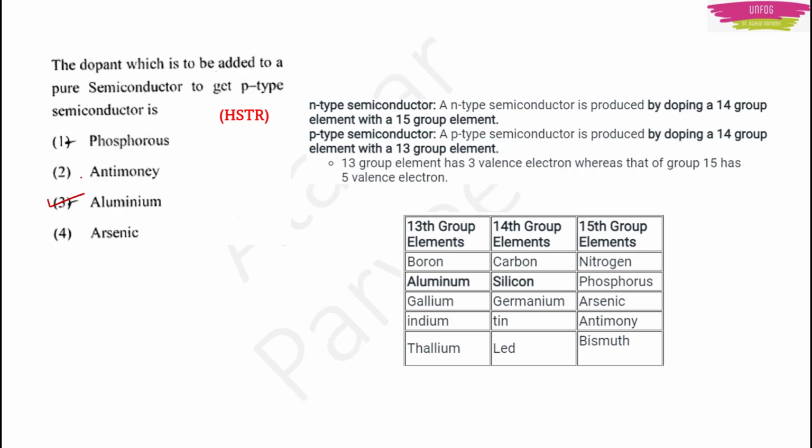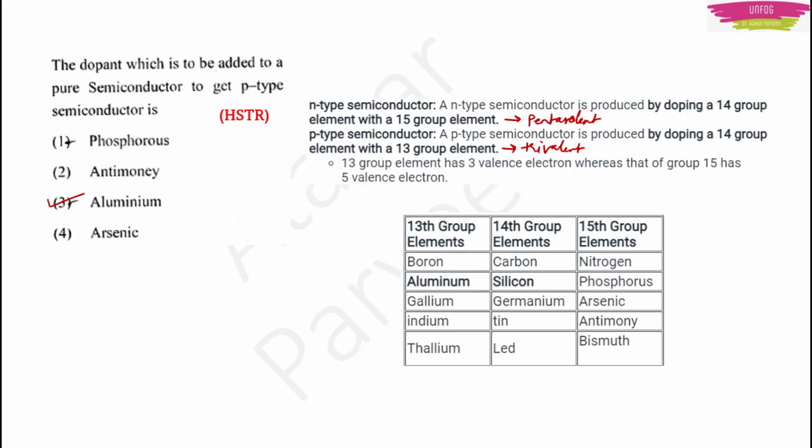In N-type semiconductor, you can make it by doping a 14th group element with a 15th group element. In P-type semiconductor, you can produce it by doping a 14th group element with a 13th group element. Actually, 13th group element means it will have valency 3, trivalent. Now, 15th group element means it is pentavalent.